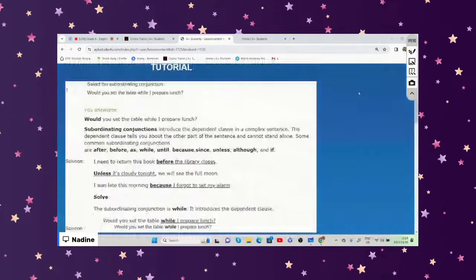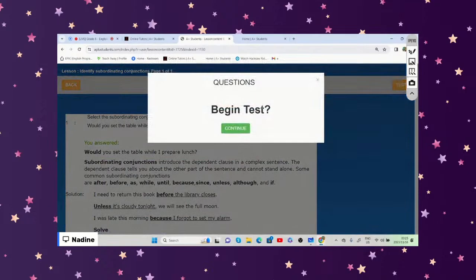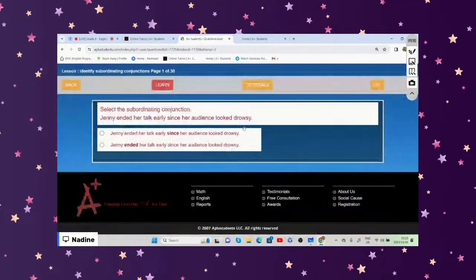All right. Now we're going to do a test, right, which is to identify subordinating conjunctions. We need to select the subordinating conjunction. So Jenny ended her talk early since her audience looked drowsy.